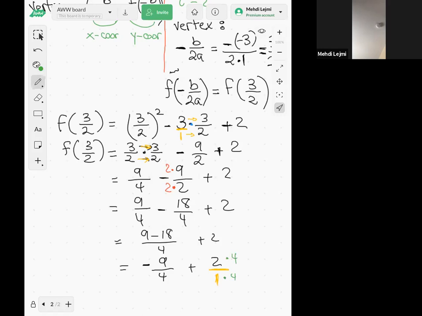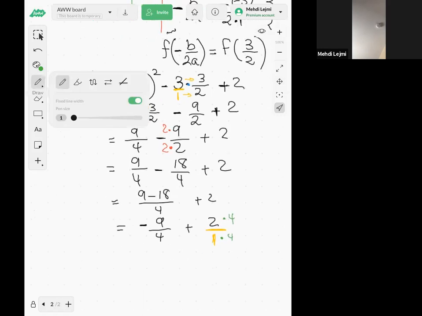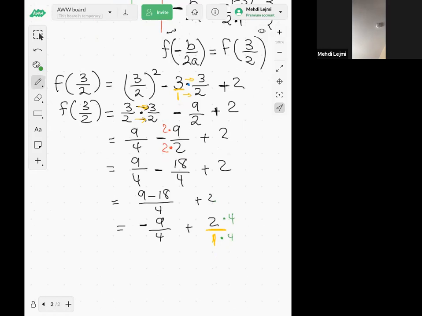So this is supposed to be f of 3 over 2. It's negative 9 over 4 plus 8 over 4. Negative 9 plus 8 would be negative 1, and the common denominator is 4. So it's negative 1 over 4.